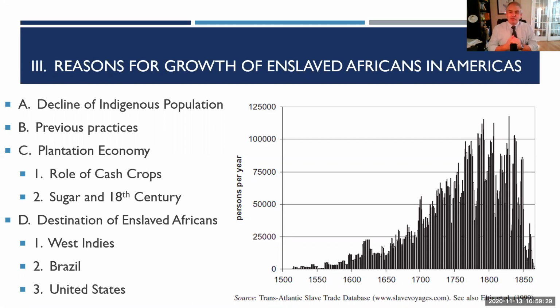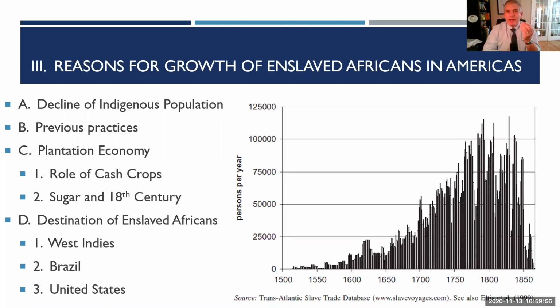And why do the numbers grow? As you look at the chart on your right, you see that right around 1600 to 1700, there's a substantial increase. But then from 1700 to 1800, there is a huge boom of enslaved Africans who are being transported across that Middle Passage. So you can see the numbers grow significantly throughout the 1700s.